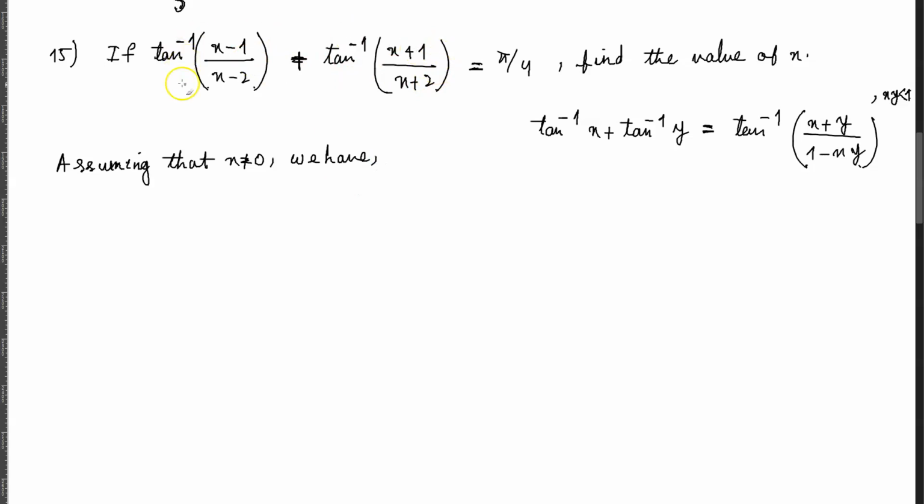basically the tan inverse of, then we have basically this formula here. We can use this formula, and so the tan inverse of x minus 1 over x minus 2 plus the tan inverse of x plus 1 over x plus 2 is going to be equal to, I could simply say, the LHS.